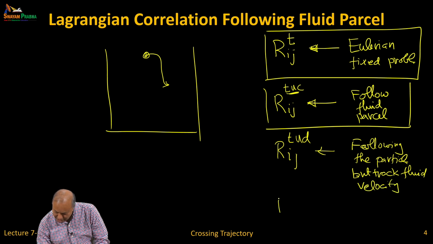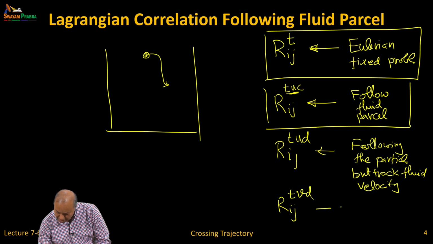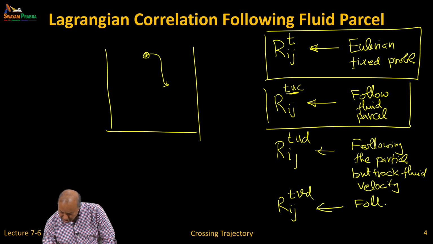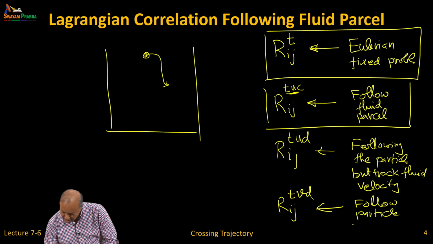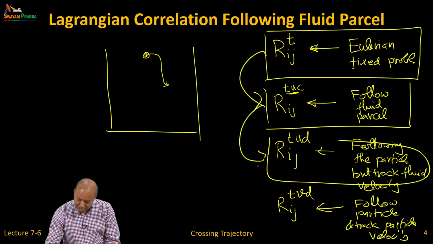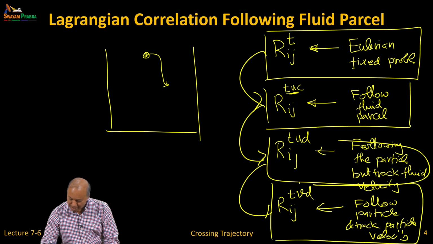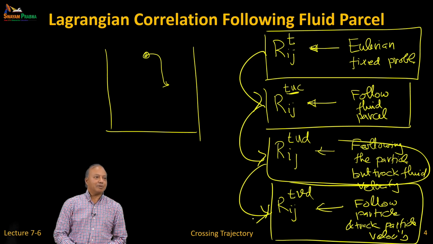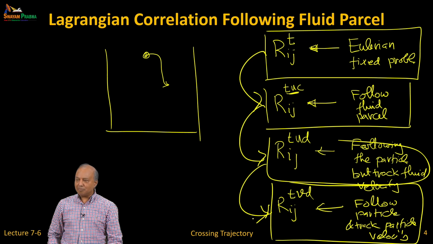And the last thing is that you follow the particle and track particle velocity. So you have to go from here to here, here to here, here to here, and when we come back I will say a bit more about this. This is how models are being built.